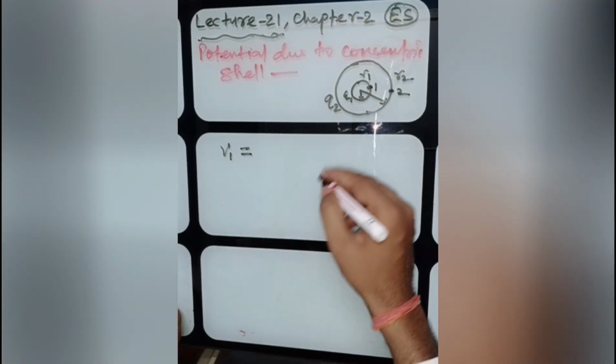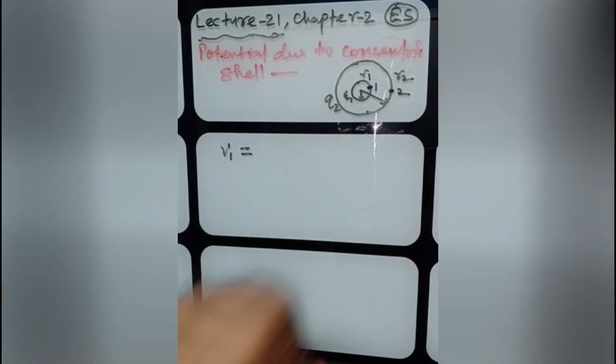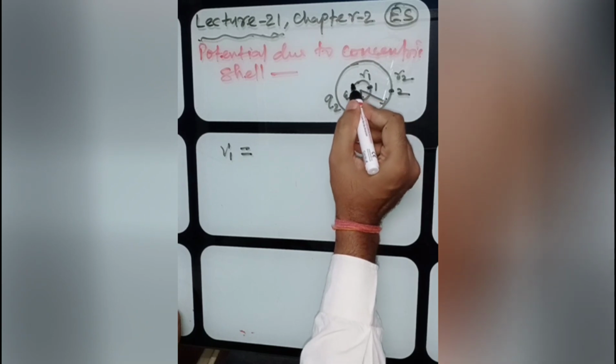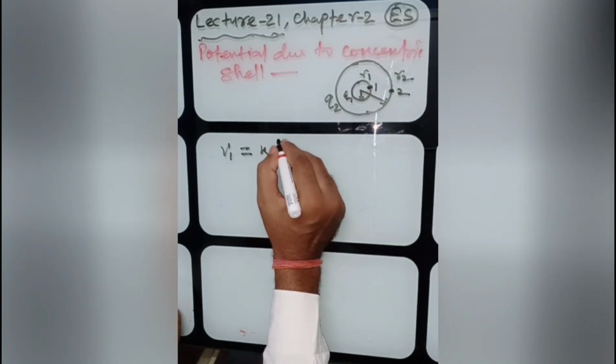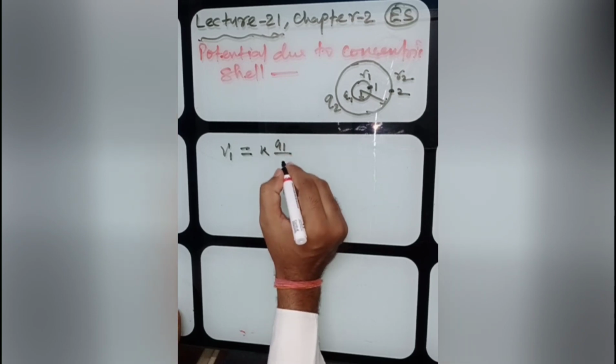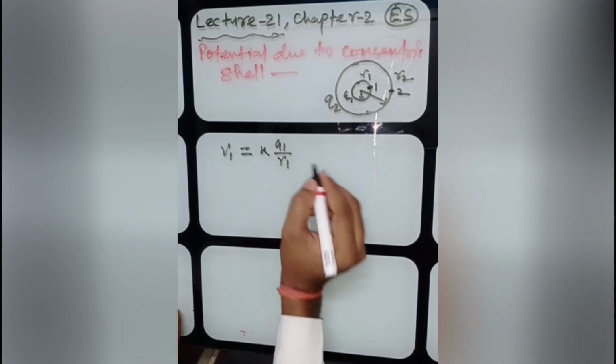Try to learn. At 1 the potential due to this particular cell will be K Q1 divided by R1.